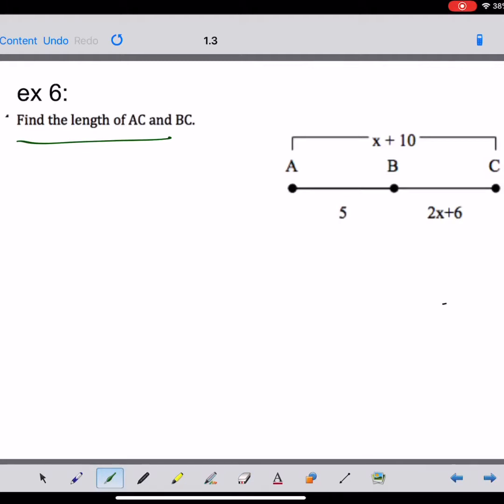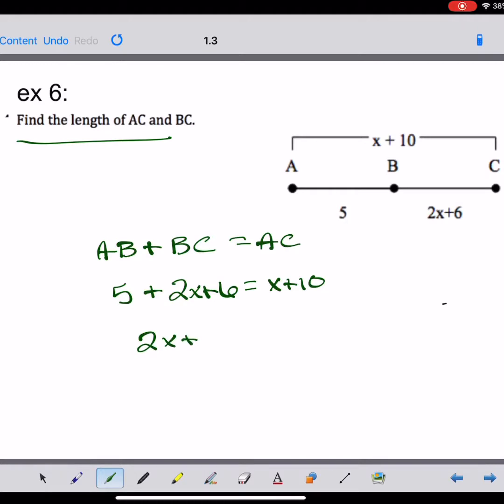You'll have to use the segment addition postulate to solve. So AB's length is 5, BC is 2x plus 6, and AC is x plus 10. Solve algebraically once again.